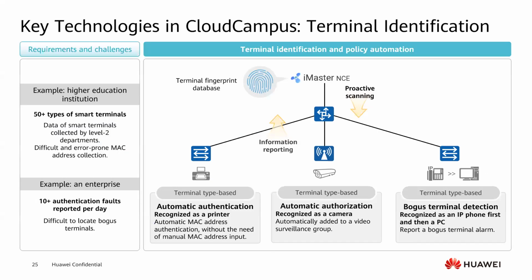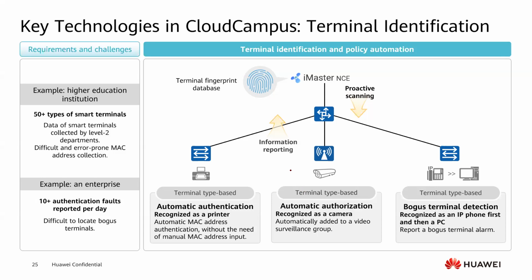Another key technology is terminal identification. On large and medium-sized campus networks, there are a lot of terminals such as laptops, PCs, mobile phones, and also printers, IP phones, cameras.